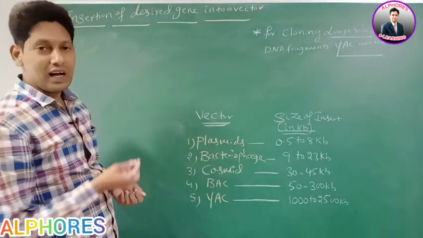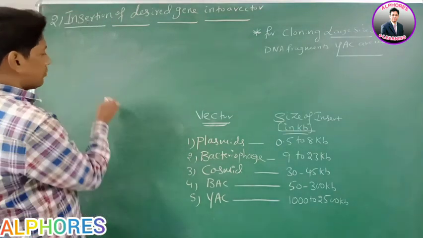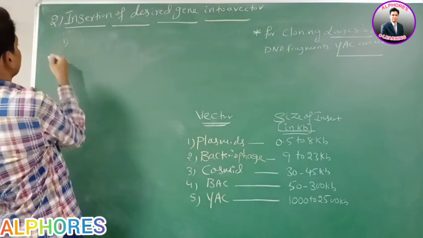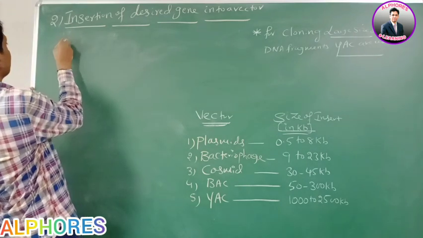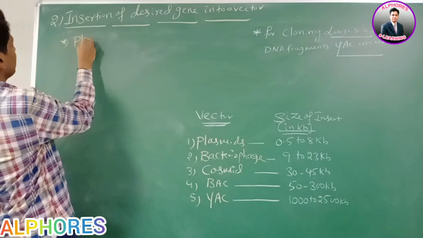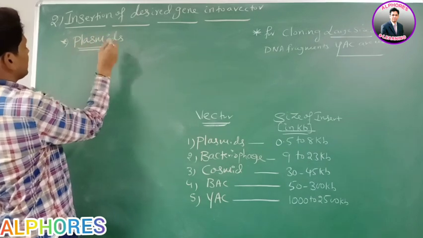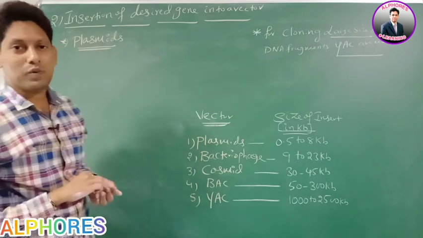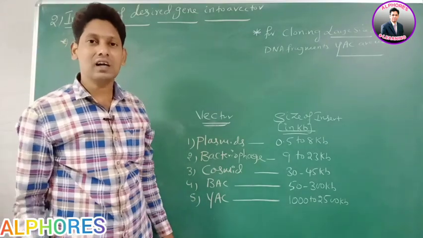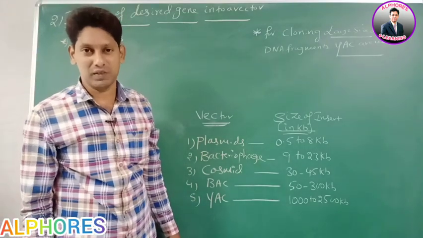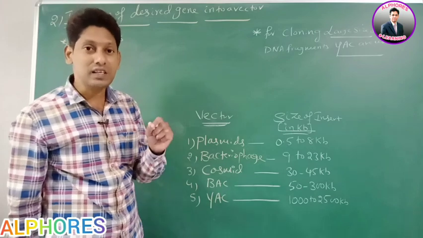Right. Go for the first one. What is it, sir? Plasmids. Now listen. Where are these plasmids present? Present in almost all bacterial species and even in some yeast cells.